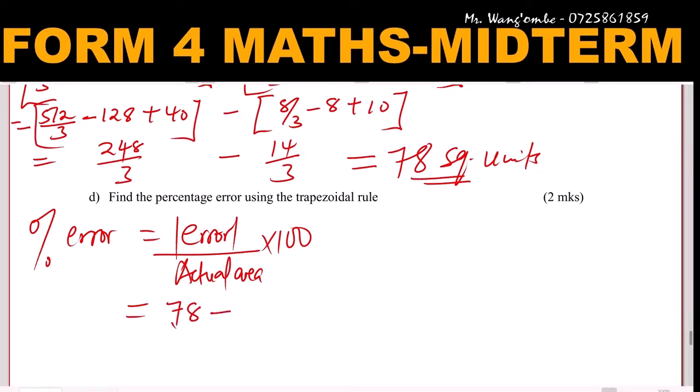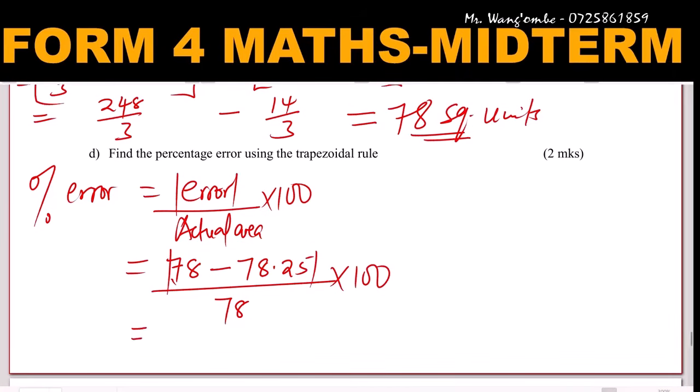Then subtract the area by the trapezoidal rule, 78.25. You get the absolute of that. Then divide by the actual area. The area by integration is the actual area. And then multiply by 100. So when you subtract these, you are considering the absolute value.